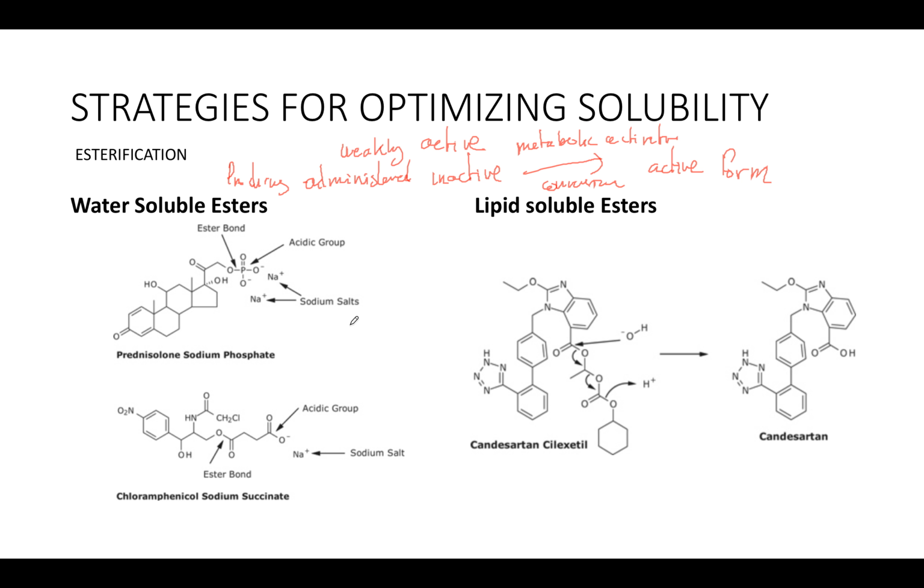Okay, so let's talk a little bit about water-soluble esters. If you're going to esterify a molecule and make it water-soluble, you want to use phosphates or succinates. Phosphates or succinates are really good groups where you esterify a molecule to make it more water-soluble. If you want to make it more lipid-soluble, then you have to consider the type of groups you're going to use for that.